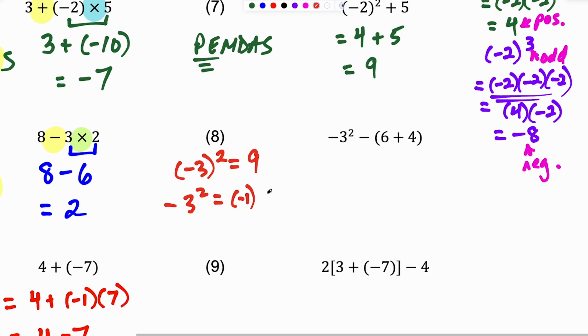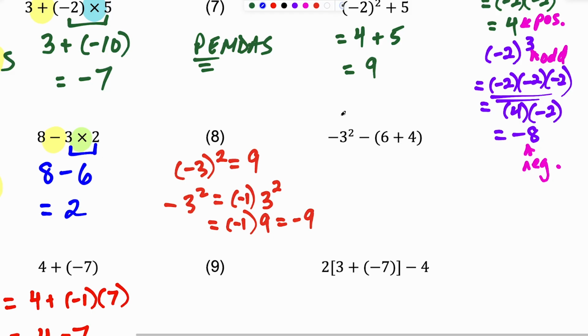This is the same thing as doing negative 1 times 3 squared. And when I do this, I have to do the exponent first. So I do negative 1 times 3 to the second power, which is 9, and this actually works out to negative 9. So when I work this question out, I actually have to start off by saying negative 9, not positive 9, because there's no parentheses here. The parentheses make the world of difference.